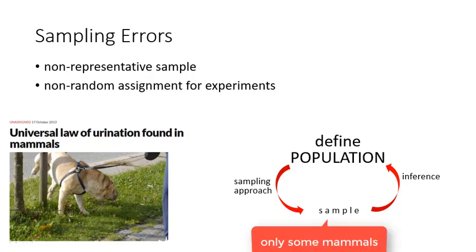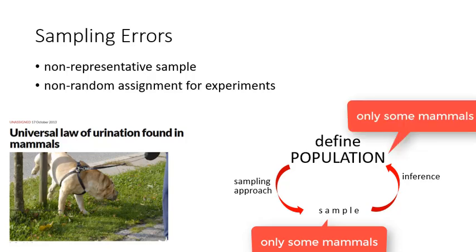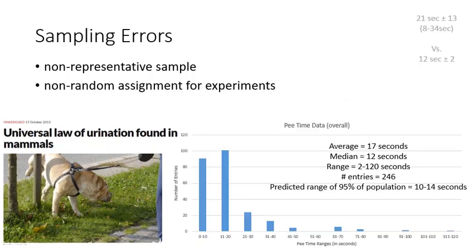This study did not include rodents or bats because they pee differently, in drops rather than streams. So you can't measure urination time. Saying that you found a universal law for mammals when you have discounted 70% of mammals is kind of a big error. The thing is, it would have been really easy to include humans.